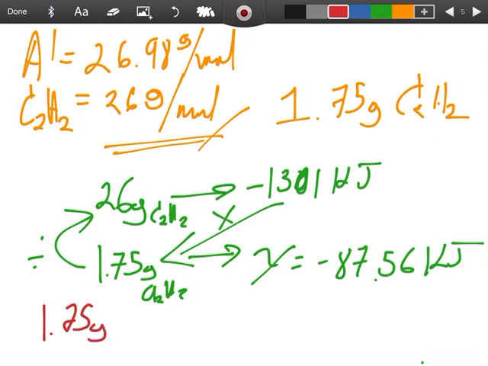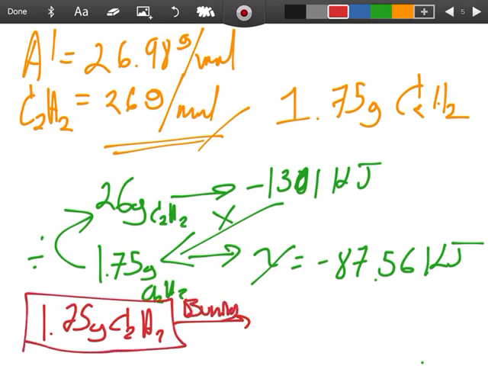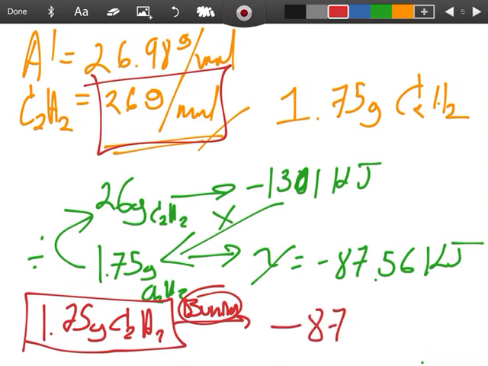So what we are doing is that I have 1.75 grams of C2H2. And then what I am doing is that I am burning this amount of energy. Knowing this number, and after I perform the burning of the gas, I know that I'm going to have minus 87.56 kilojoules of energy released from that combustion. So that's important.